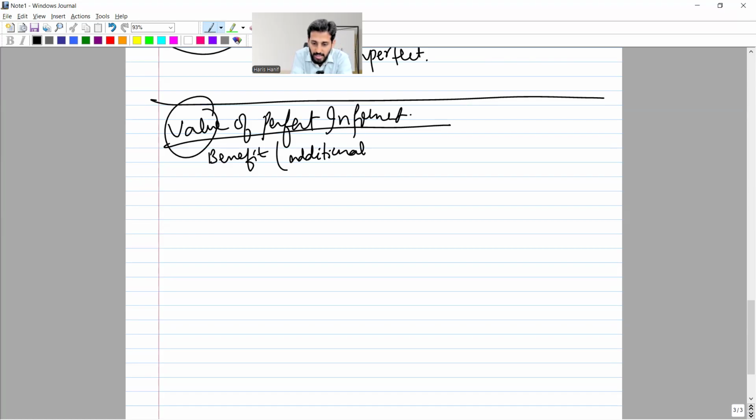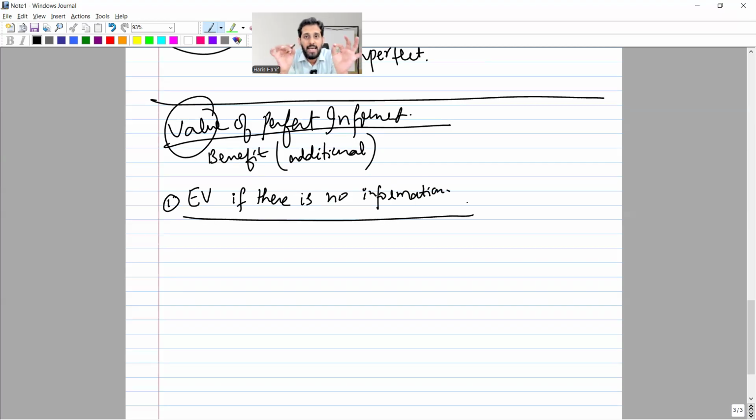When something has got additional benefit, there must be some existing benefit. Let's say, for example, you need to calculate EV if there is no information.